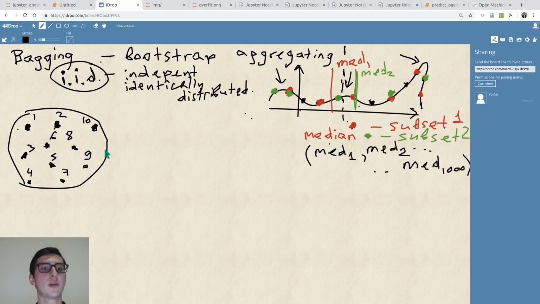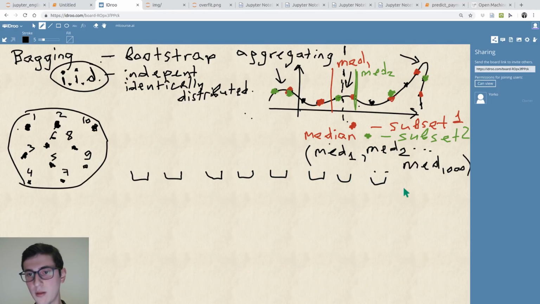Okay, so actually we'll take a subsample of the very same length of 10. So I will depict here vacant places for instances in our subsample, and the length is going to be 10. The procedure is going to be really simple.